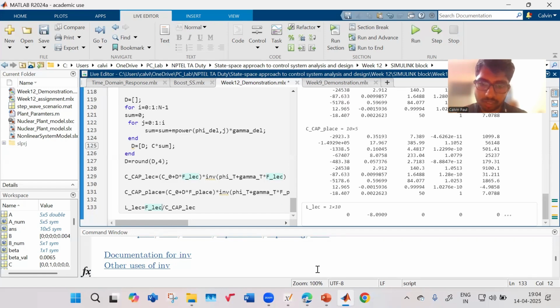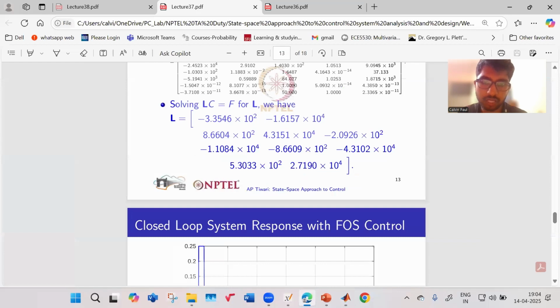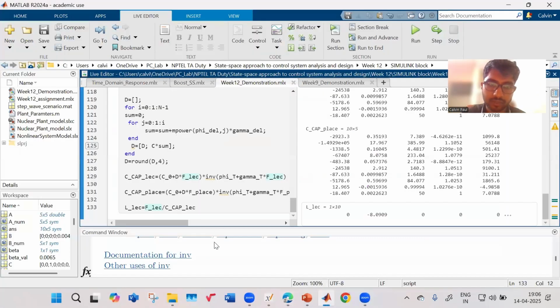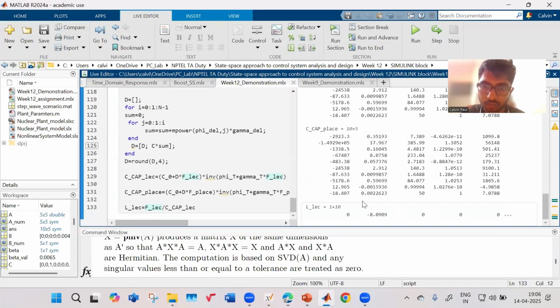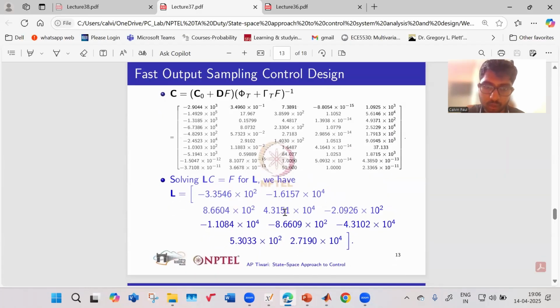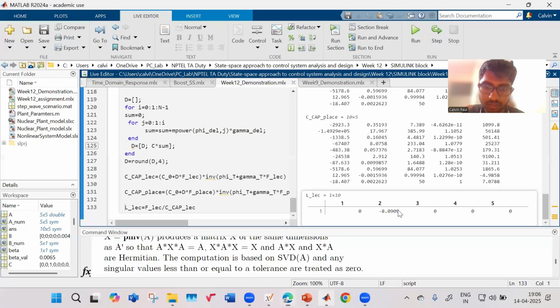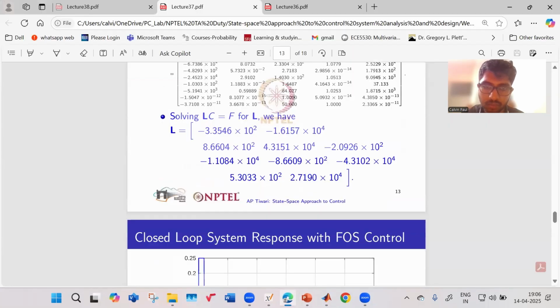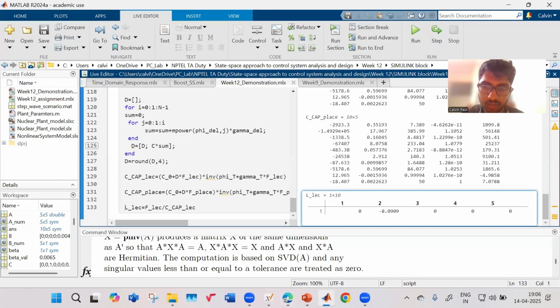So L comes out to be 0 minus 8.0099. This is the L lecture which we get, but I have a feeling you have to use pseudo inverse and you are not able to do that. And L comes out to be 1, 2, 3, 4, 5, 6, 7, 8, 9, 10. Okay. So this is 0 minus 8.099, 0, 0, 0.